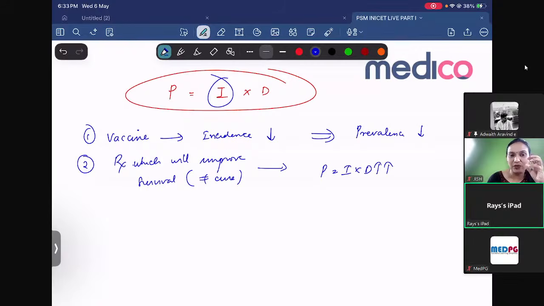The duration of the disease in the patient is increasing. So if the duration is increasing, obviously my prevalence will also increase. So when you have a treatment which does not cure the disease, but it improves the life of the people, or keeps the disease under control, in that case your prevalence is increasing because the duration is going to increase. So that is another example.